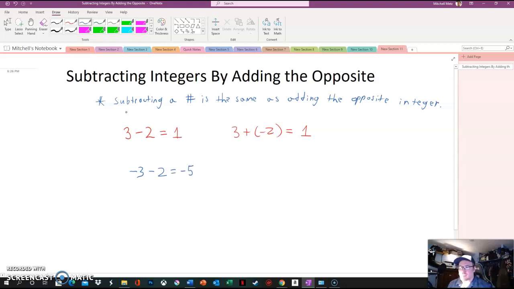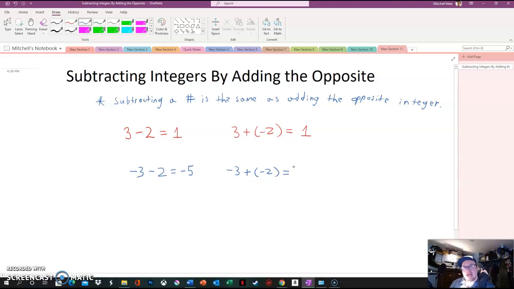Now let's do the principle. Subtracting a number is the same as adding the opposite integer. So instead I'm going to do negative 3 plus negative 2, because remember, there is a little positive sign in front of this number, even though we don't write it. So this is a positive number. So it's now negative 3 plus negative 2.